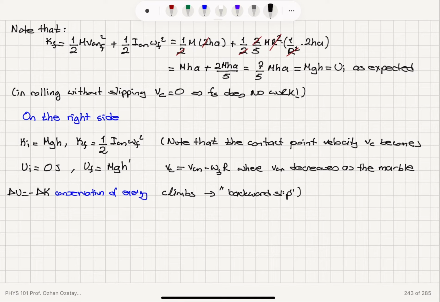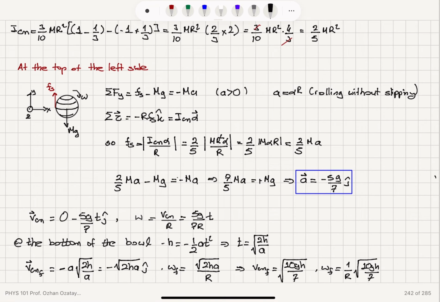So our final potential energy minus initial potential energy, mgh prime, will be equal to our initial kinetic energy, mgh, minus the final kinetic energy, 1/2 times 2/5 mr squared, I center of mass, omega final squared, which is 10 gh over 7r squared. So that's what we have found here for omega final.